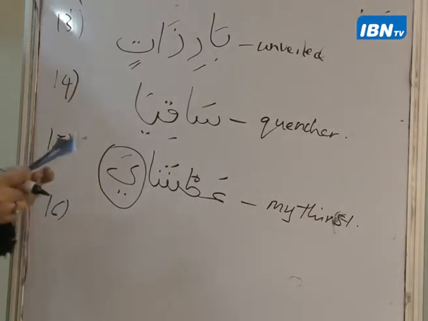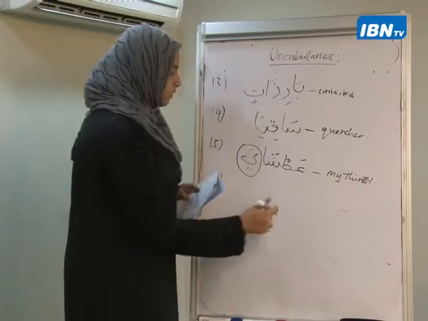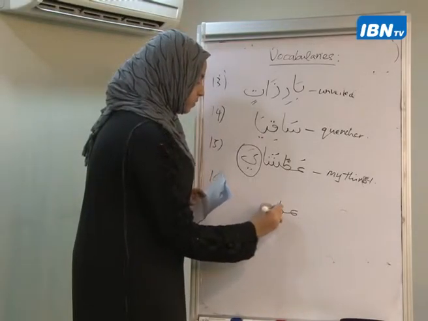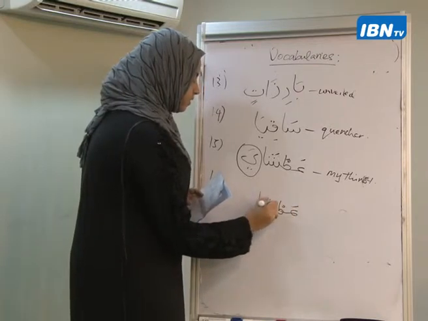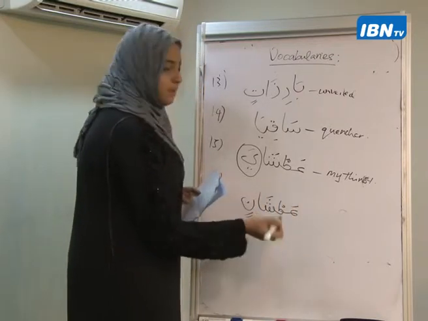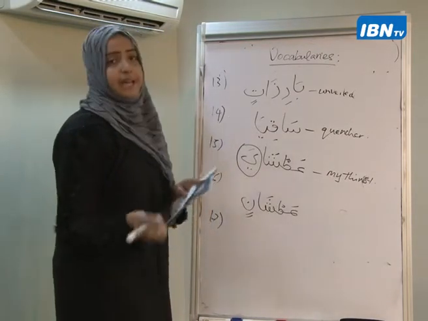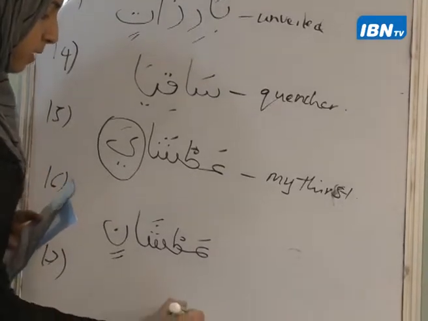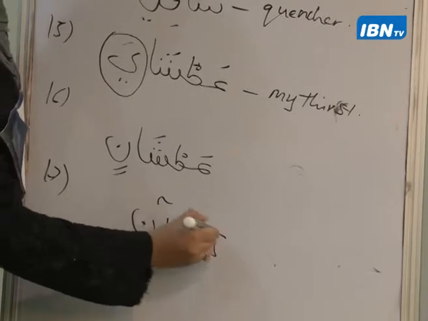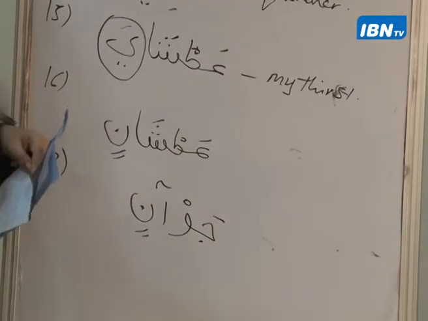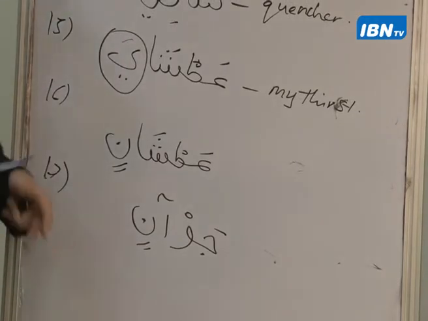Then we have the word atshanin. Atshanin is the noun, of course, which means thirst. Then we have jawanin. In Swahili we say njaa, hunger. Jawanin means hunger.